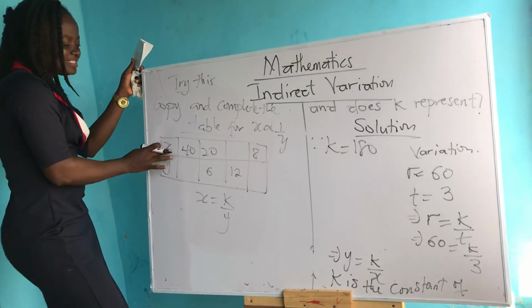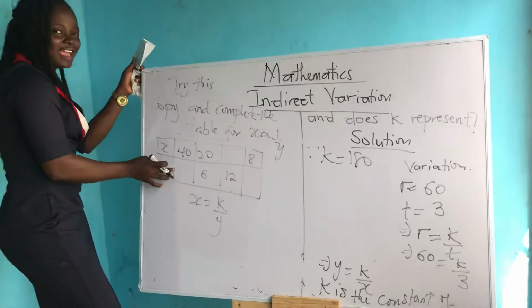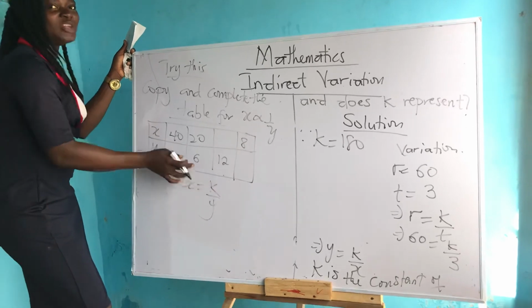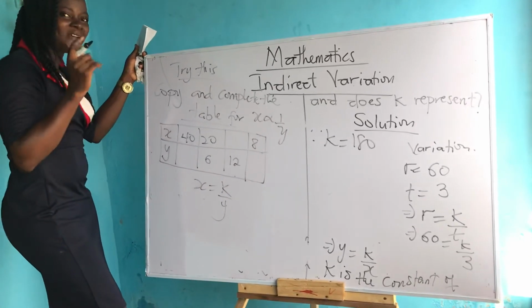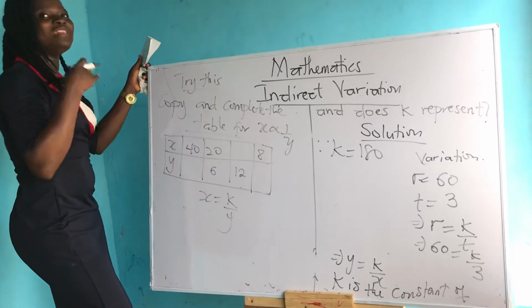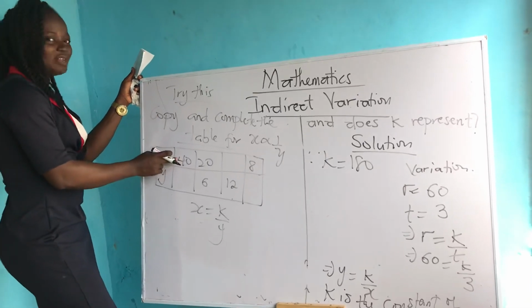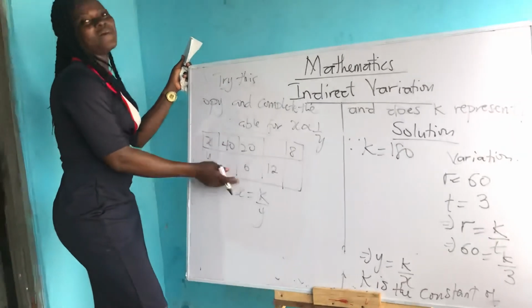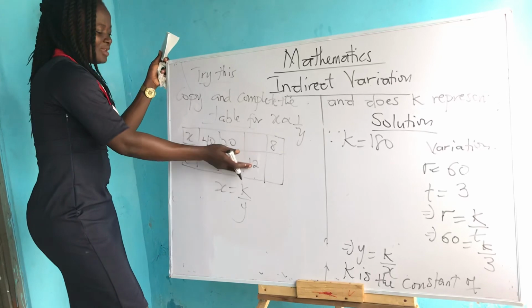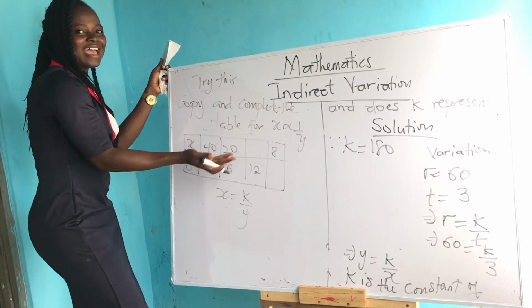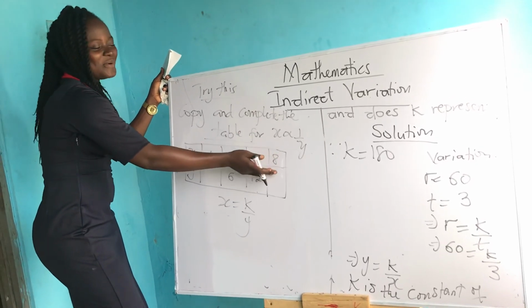When x is 20, y is 6, you use it to find your constant. After finding your constant, you now substitute. So now when x is 40, what is y? When y is 12, what is x? When x is 8, what is y?